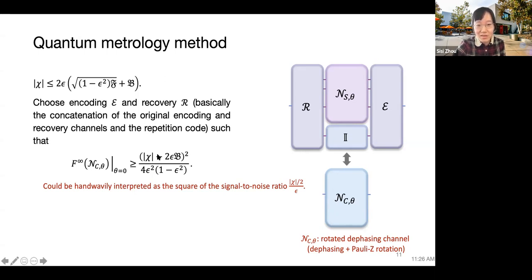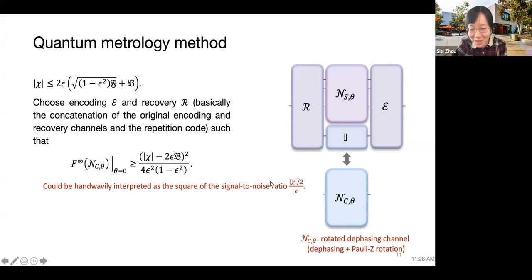That's why we can interpret this chi as the signal. And the noise is what we have after we do this error correction procedure. Now epsilon is going to be the noise rate of this dephasing channel. So that's why we have this regularized QFI equal to the square of chi over epsilon.